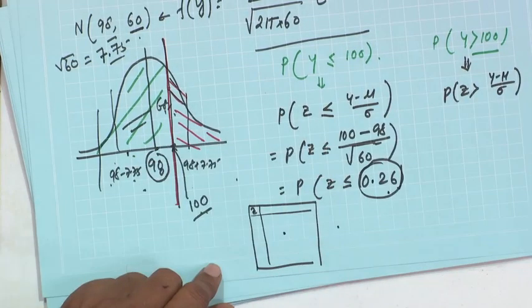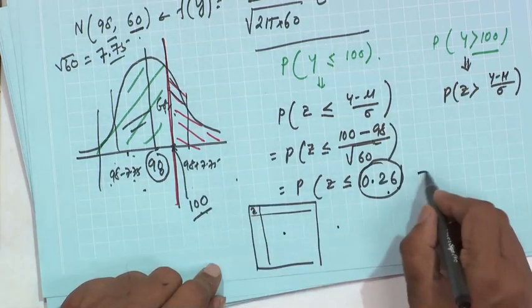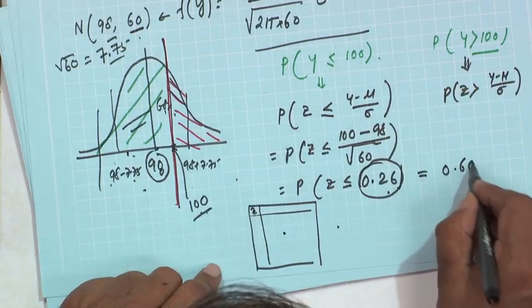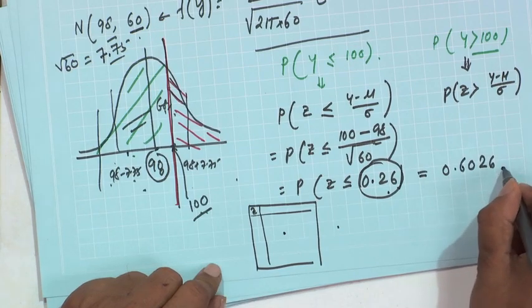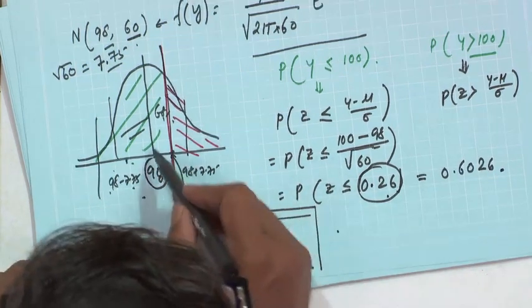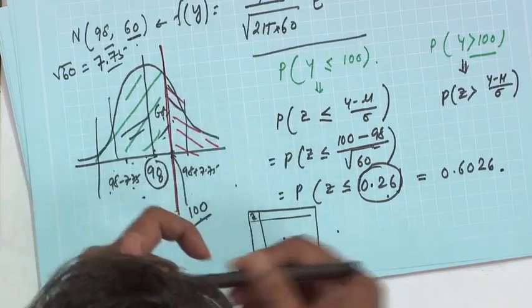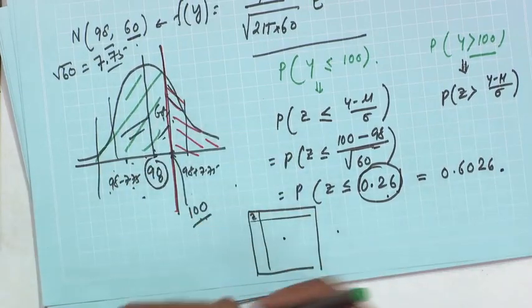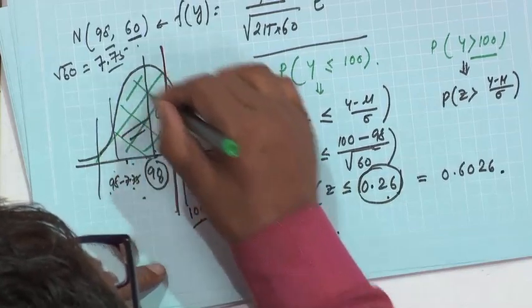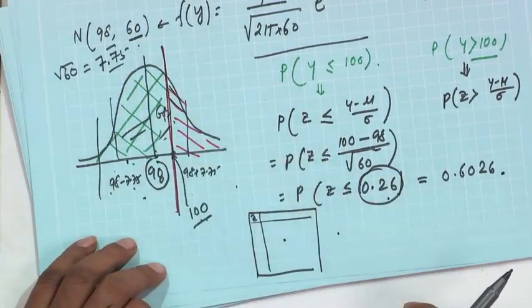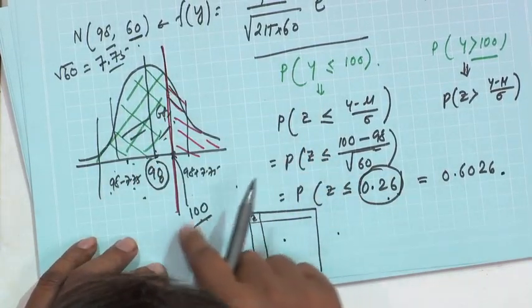You can get it from the table, and that value is 0.6026. So, that means this side, the green colored shaded area, is 0.6.